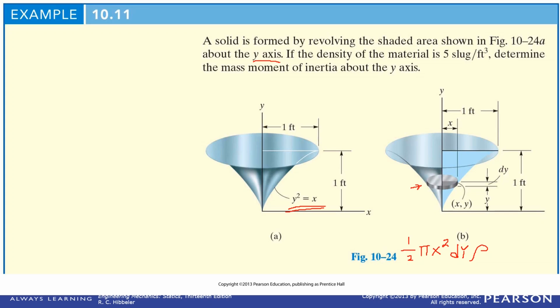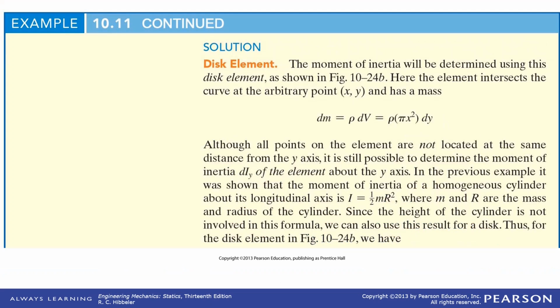So, area, differential thickness, that's volume, times rho gives us differential mass. 1/2 mass times the radius squared. We have to have another factor of x squared over here. Okay, moving on to the next slide. Okay, so their dm is just like I came up with.